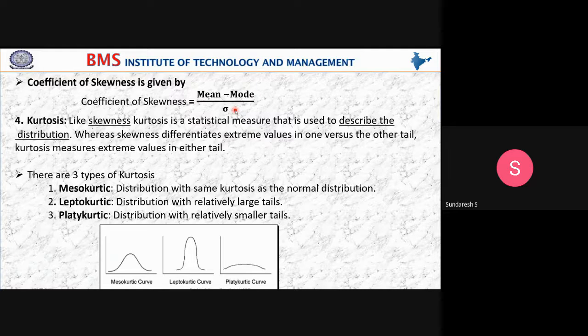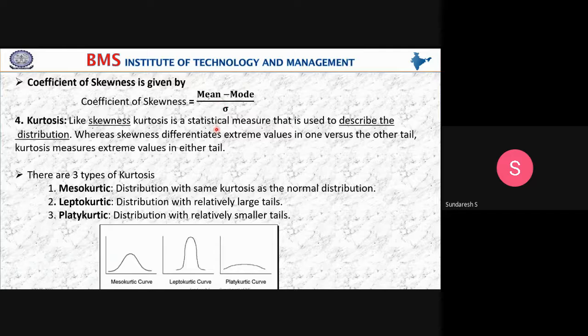This will be very much required when we solve problems on how to calculate the coefficient of skewness, so please remember this formula.